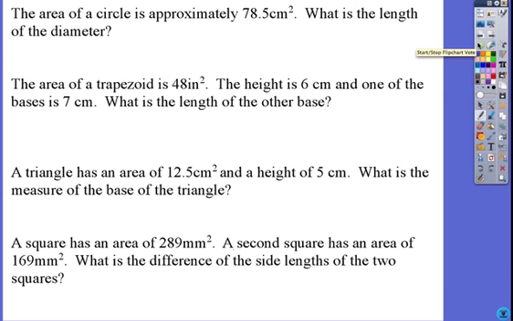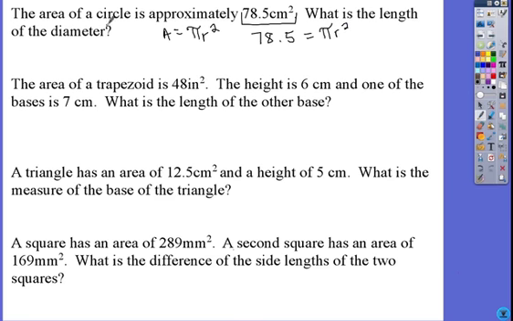The area of a circle is approximately 78.5 centimeters squared. What is the length of the diameter? Well, I know I'm dealing with area of a circle, so I know I'm using area is pi r squared. Okay, it gives me the area, 78.5. That is equal to pi times the radius squared.